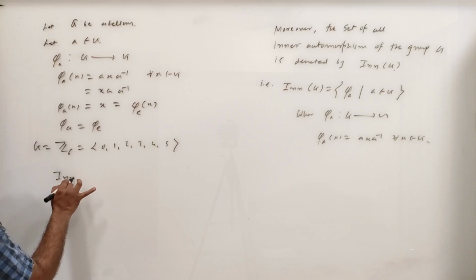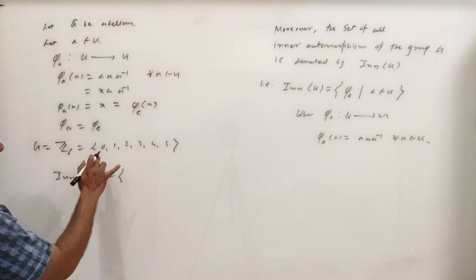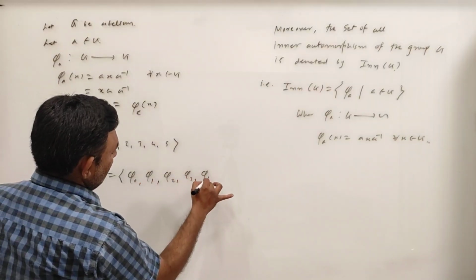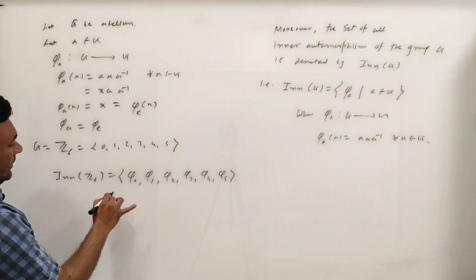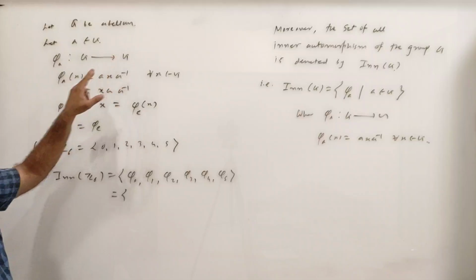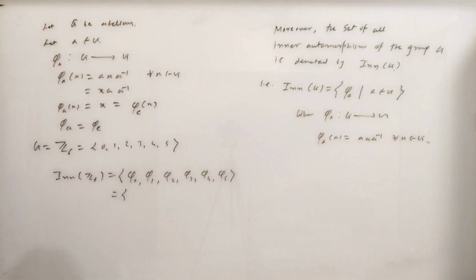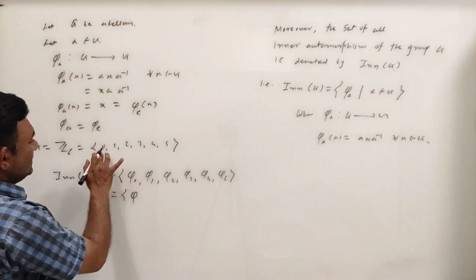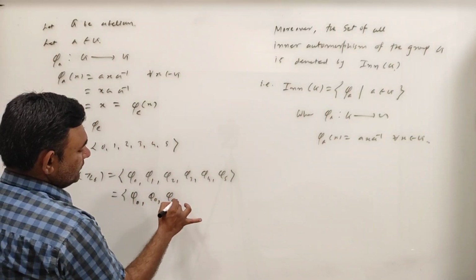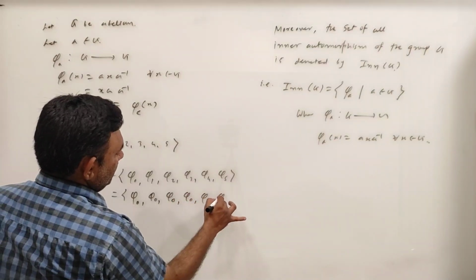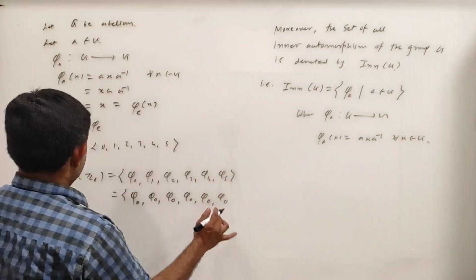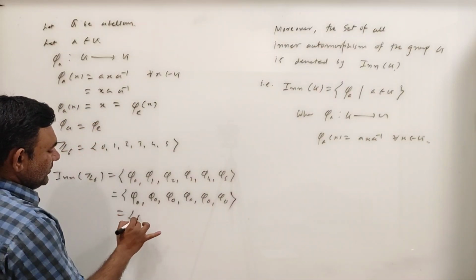So the inner automorphisms of Z6: corresponding to every element you look at phi_0, phi_1, phi_2, phi_3, phi_4, phi_5. But according to this discussion, if G is abelian, then phi_a reduces to phi_e. Here 0 is the identity. So phi_1 is also phi_0, phi_2 is also phi_0, and so on.